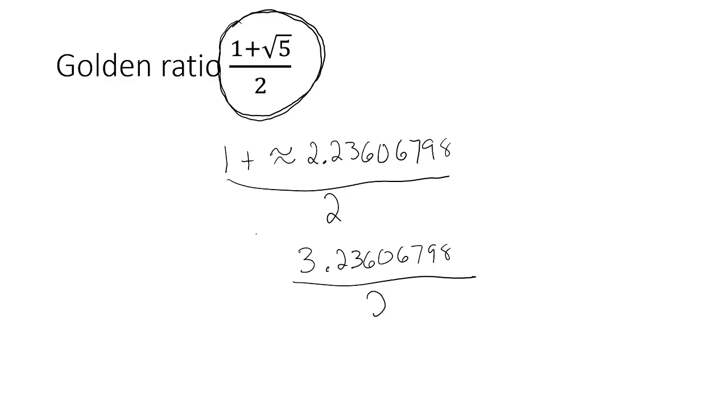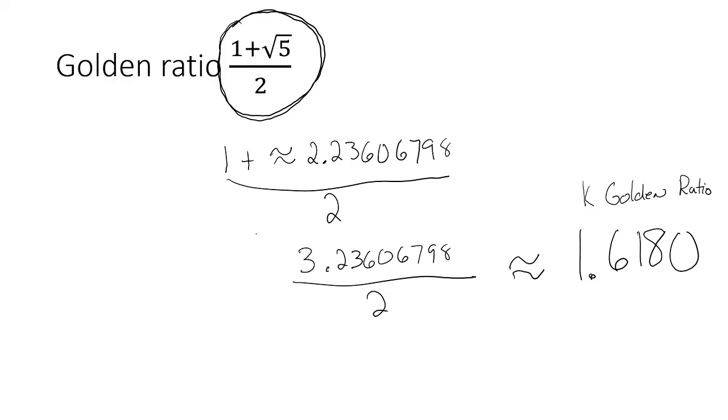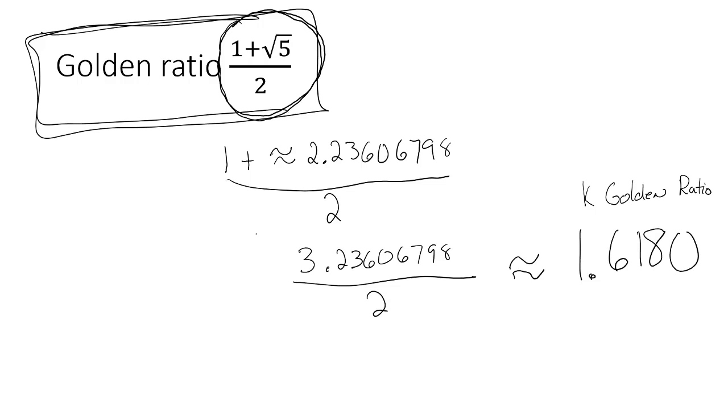And I'm going to divide that by 2. Let's see what happens. When I divide it by 2, I get approximately 1.6180. And this is the K factor of the golden ratio. That's an approximation. This is the exact golden ratio, and this is the K factor of the golden ratio.